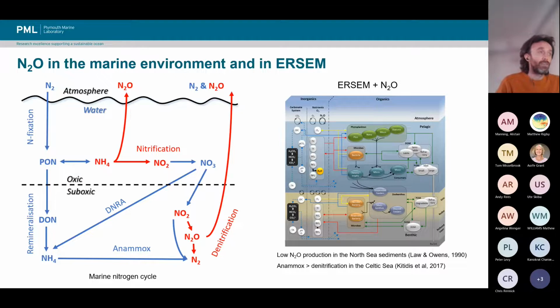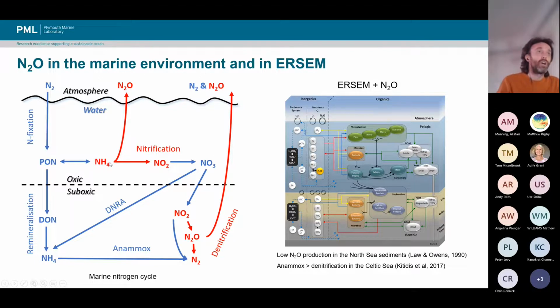I totally agree and appreciate that Tom was already showing how the nitrogen cycle in soil is very much a complex cycle, and it is very much complex also in the marine environment. This is more a modeling point of view of the nitrogen cycle in marine water. In the biogeochemical model depicted here on the right, ERSEM, we've only included a small component, and this is the red part of the cycle.